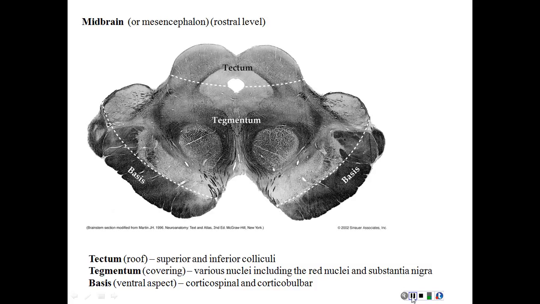Within the midbrain, we have these structures referred to as the tectum, which is the roof. The tegmentum is more the body, and this thing called the bases. These bases, these cerebral peduncles, look what's in them. Corticospinal and corticobulbar.